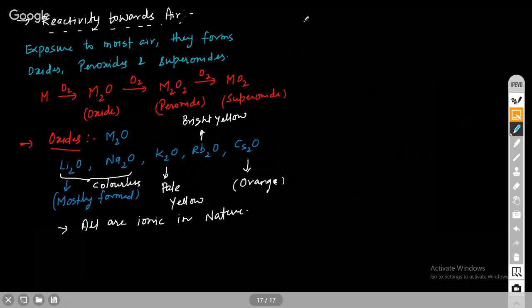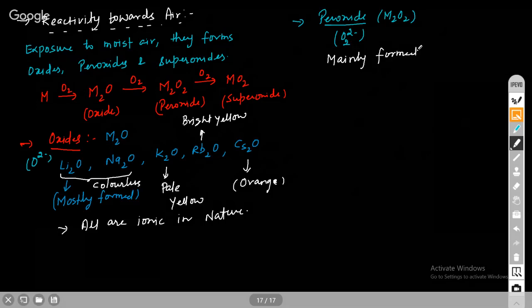Next you see peroxide, that is M2O2 type. Here in peroxide, we have O2 2-. This peroxide is mainly formed by sodium, that is Na2O2.